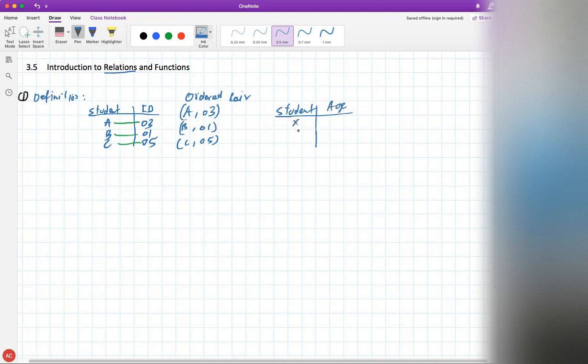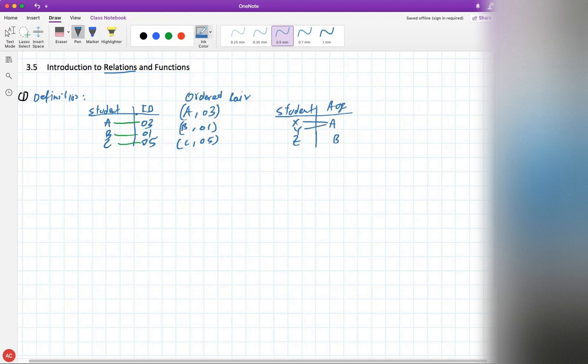If you take three students here, X, Y, Z, they may share some age, for example, age A, age B. So a couple of students here may have the same age.